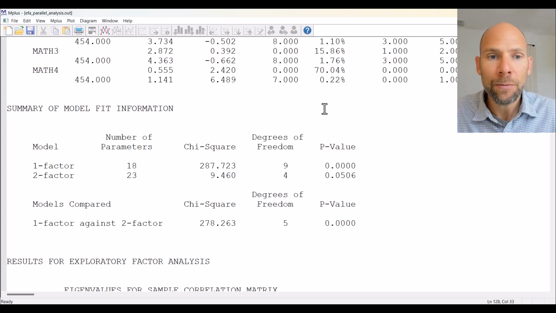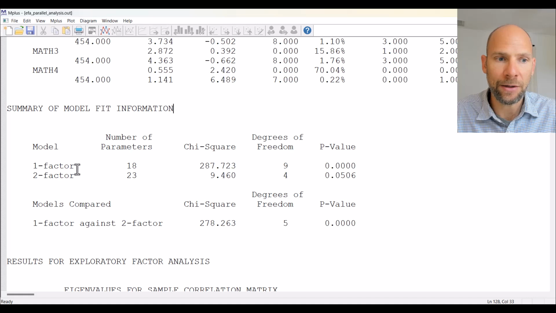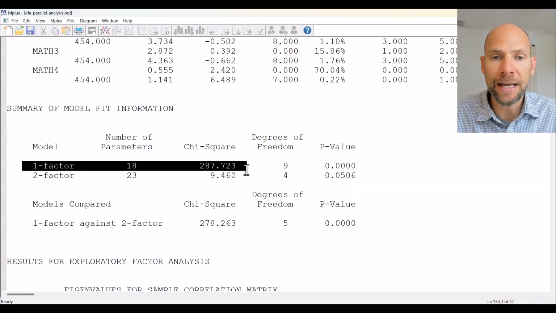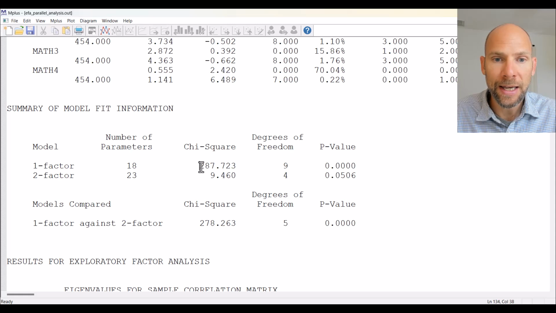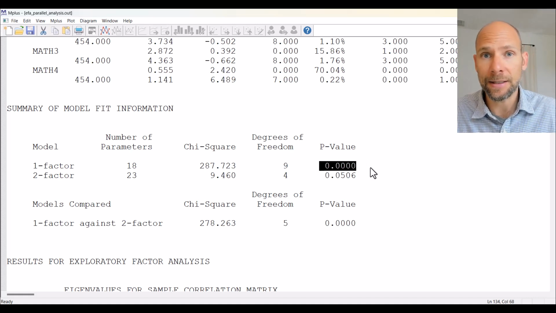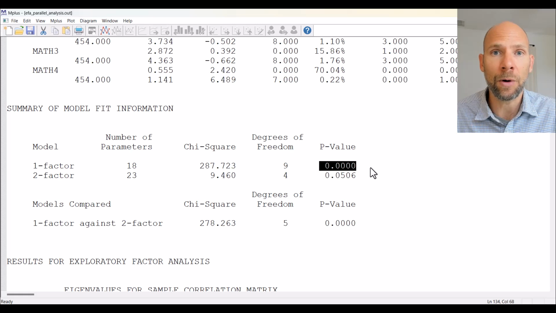So now we find information on how many factors we should retain. And you can see that the 1-factor model has a very high chi-square value for the maximum likelihood factor analysis. 287.723 is the chi-square value with 9 degrees of freedom, and that's highly statistically significant, indicating that the 1-factor model is rejected clearly.